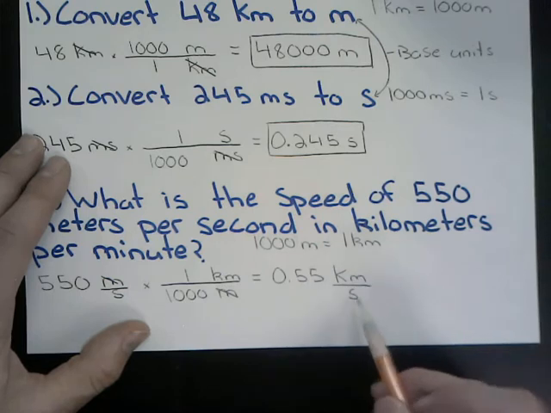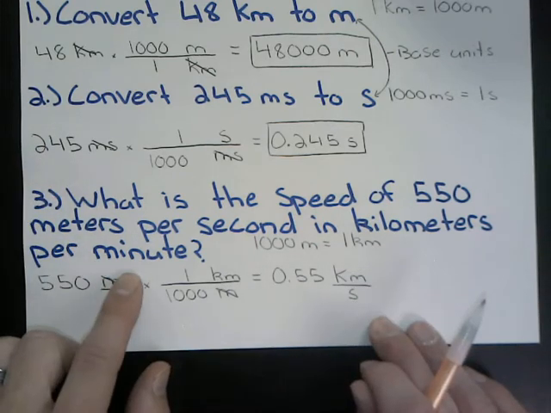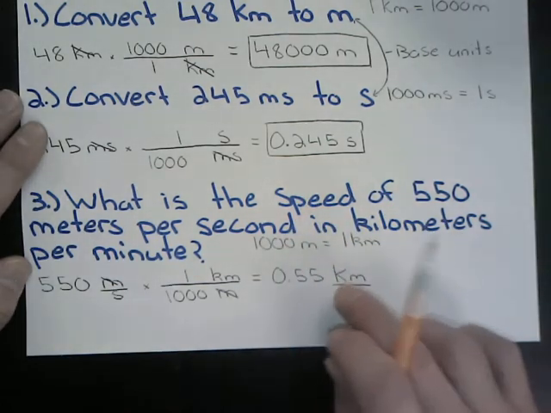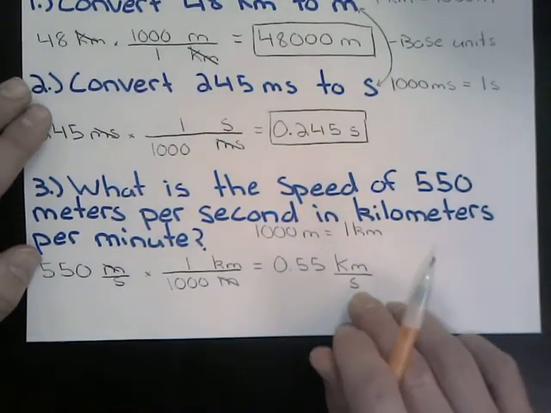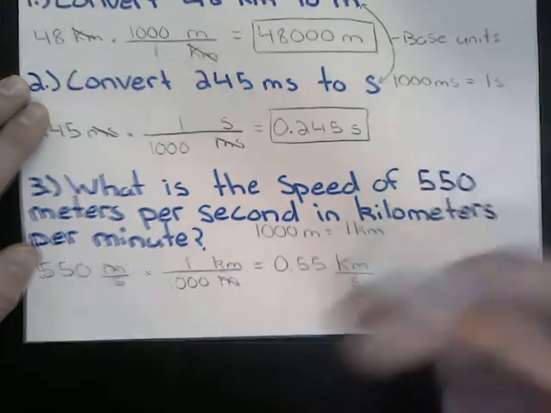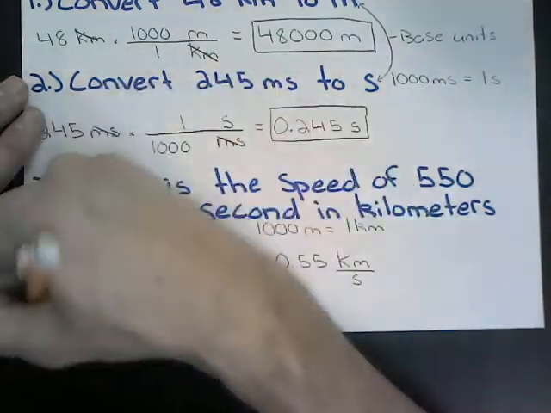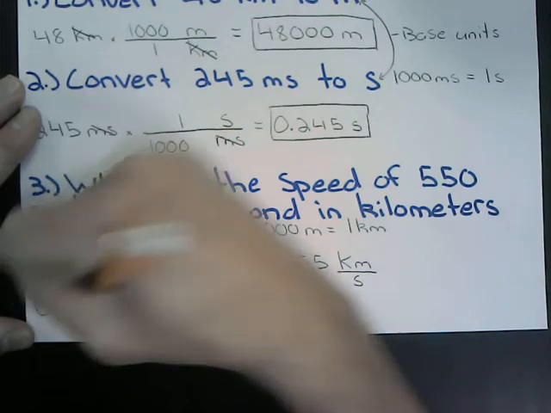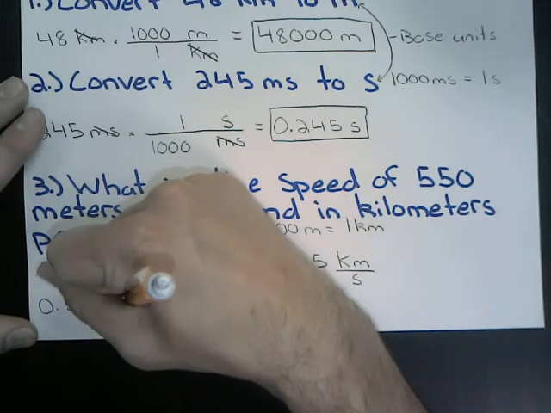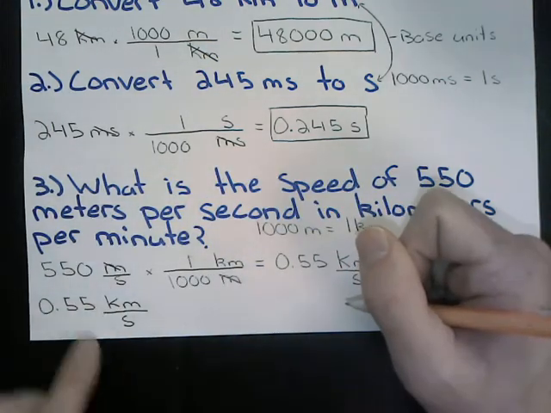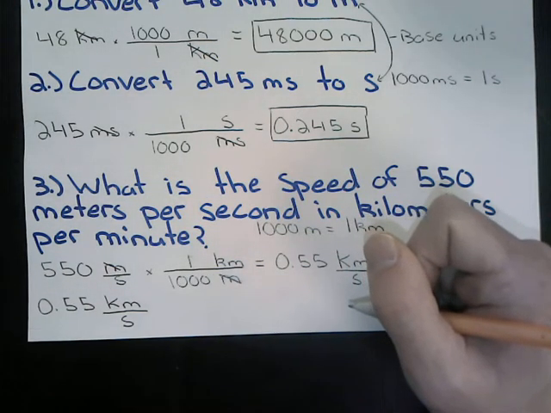Now, this means because we want it in per minute, we're going to have to do another conversion factor. So I'm going to start out by writing this value of 0.55 kilometers per second down, and we're going to go through this next conversion. Okay, so we want not the time in seconds, but in minutes.